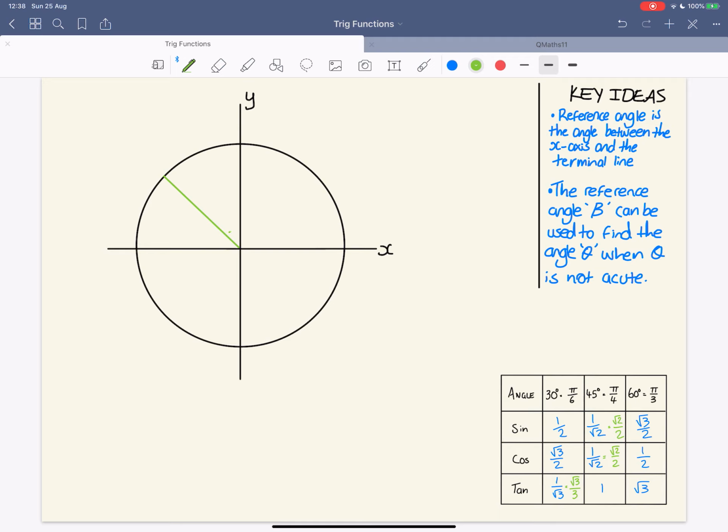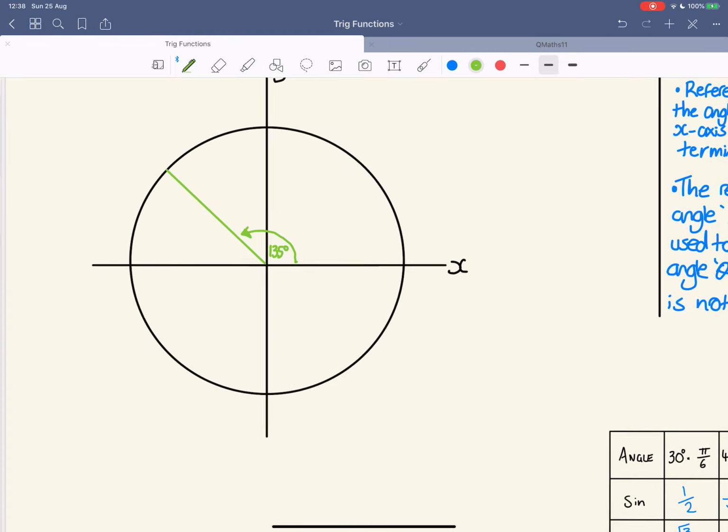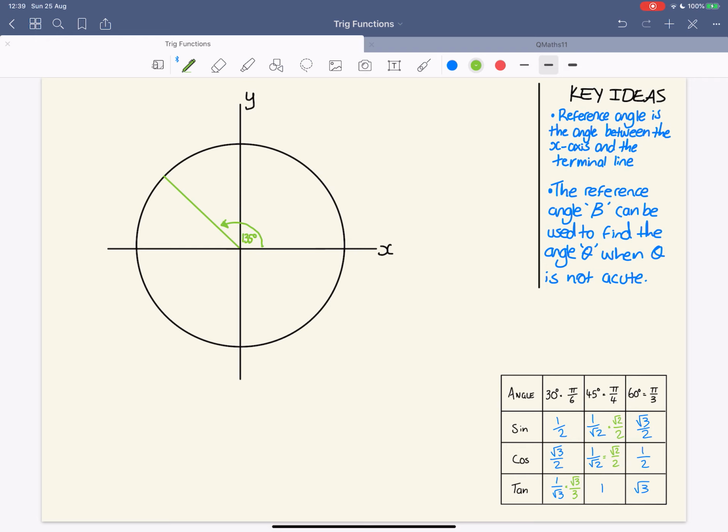So let's label this angle. We know this angle is, and we'll call it 135 degrees. All right. If that's 135, well, what must be the size of the reference angle? And we can find that out by doing this, right?